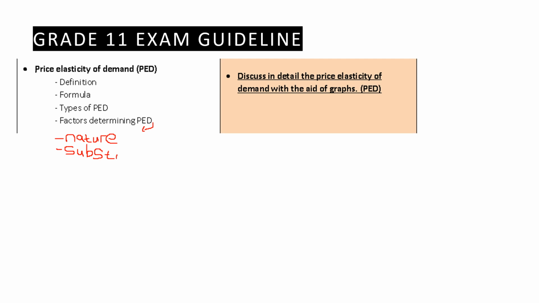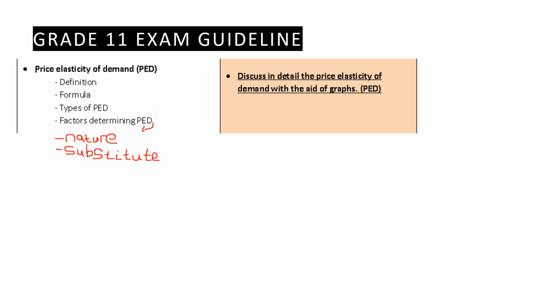In other words, these products tend to serve the same purpose, and should the price of good A increase, then it means the demand for good B is going to also increase. Okay, so we are saying substitute goods.